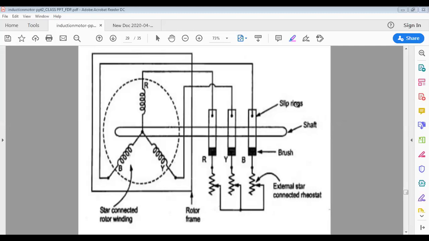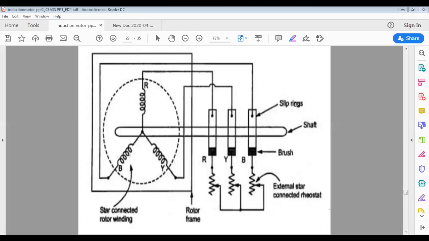If you add external resistance in series with rotor resistance, then the torque produced by the motor increases. So the slip ring induction motor is used to produce the highest starting torque, like in elevators, cranes, and so on. Then the other one, squirrel cage: rotor resistance is fixed.